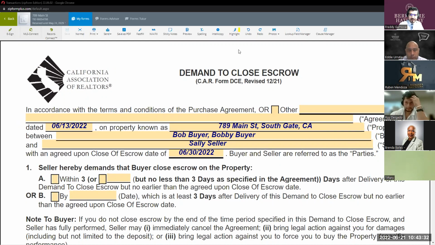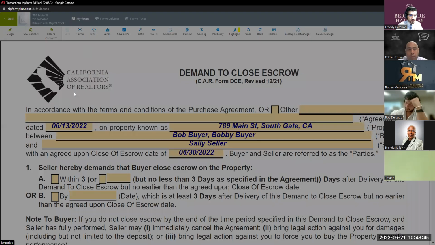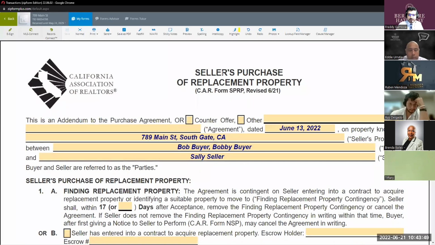That's CAR form SPRP, Seller's Purchase of Replacement Property.